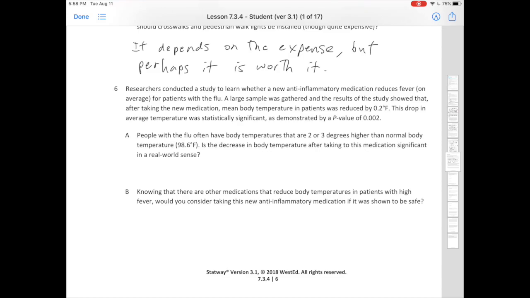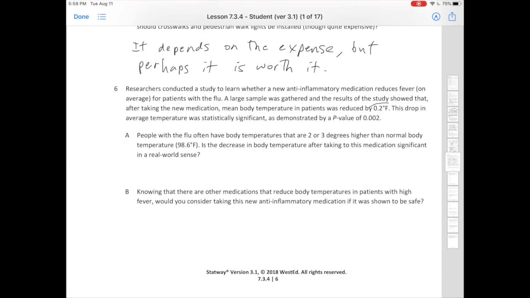This drop in average temperature was statistically significant, as demonstrated by a p-value of 0.002. People with the flu often have body temperatures that are 2 or 3 degrees higher than normal body temperature, which is 98.6 degrees Fahrenheit. Is the decrease in body temperature after taking this medication significant in a real-world sense?